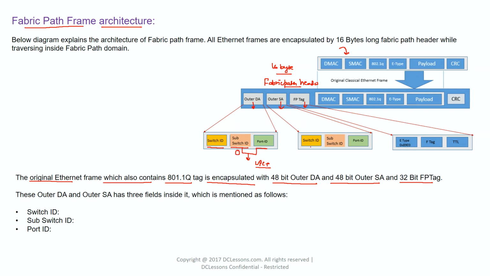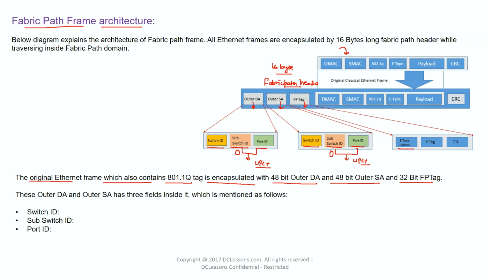Likewise, the outer SA, the outer source address, also has a switch ID, sub switch ID, and port ID, like the outer DA. If we don't have vPC+ into the picture, the sub switch ID value will be 0.